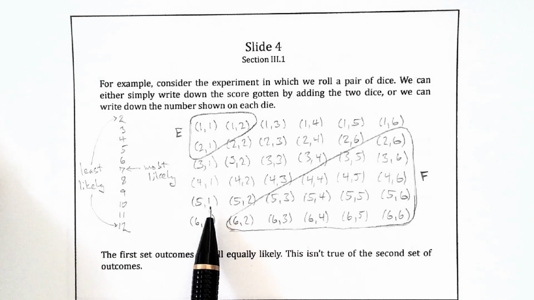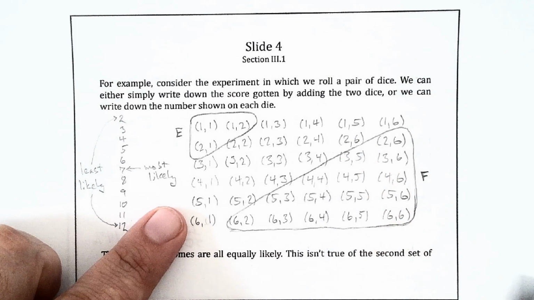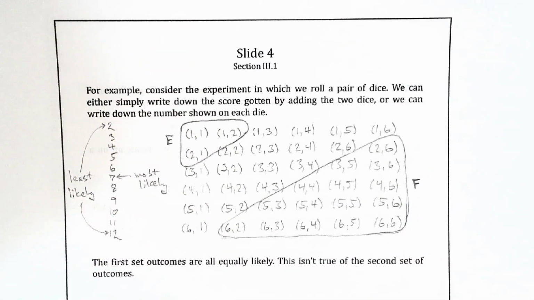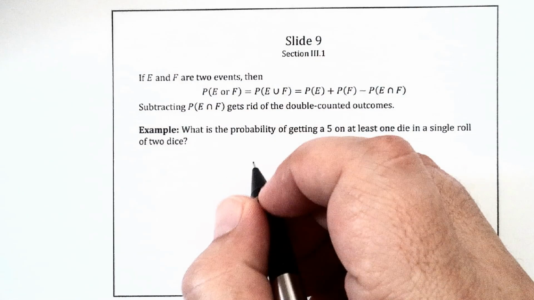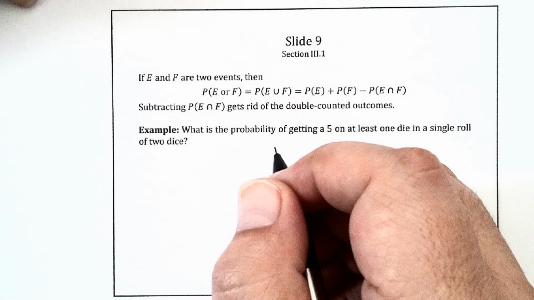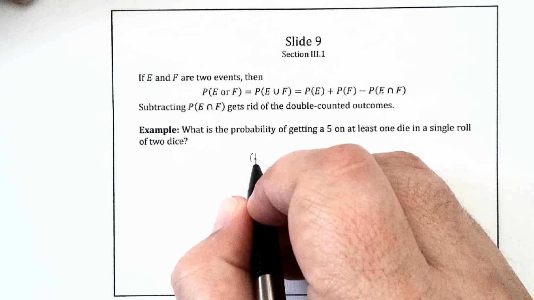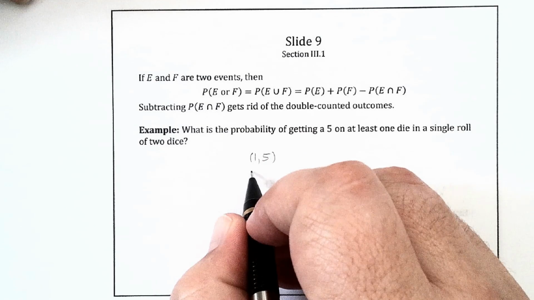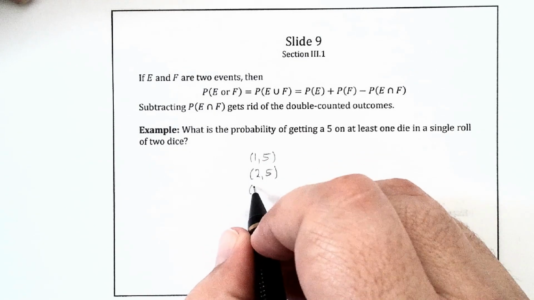So it could be this row or this column. Let me just draw the row and the column so we don't have to reproduce the whole chart.